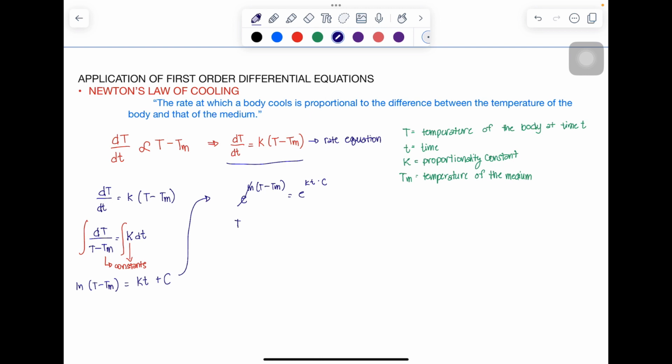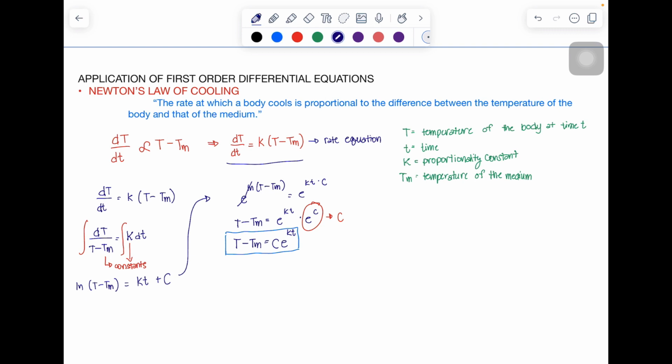So we have T minus Tm, which is basically e to the kt times e to the c. But this is still basically c. And so we have T minus Tm equals c e to the kt. This is the general solution to the Newton's law of cooling.